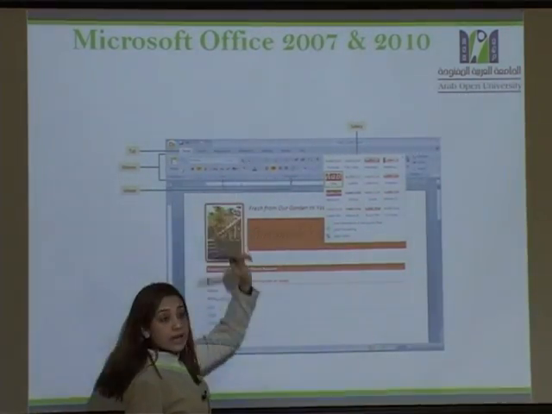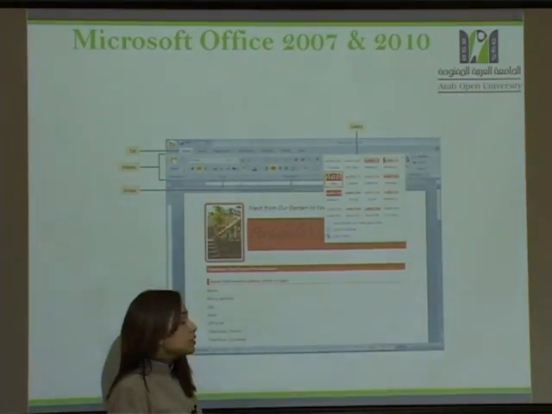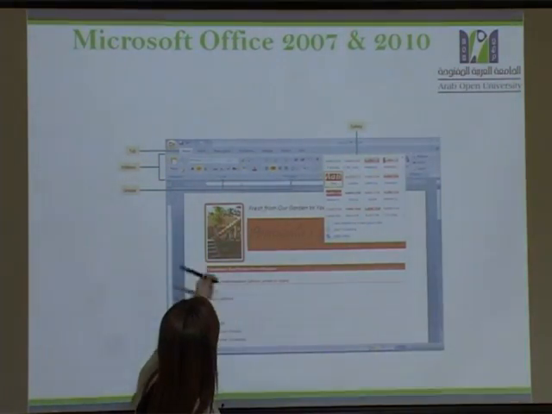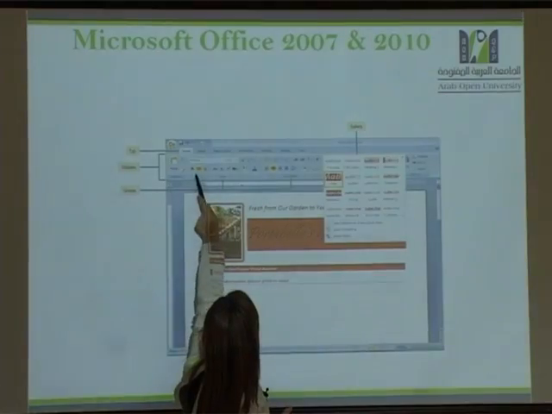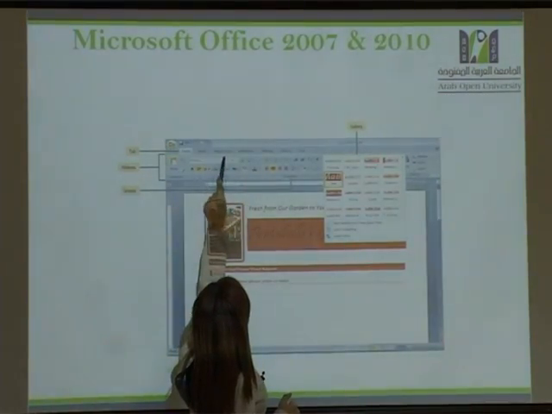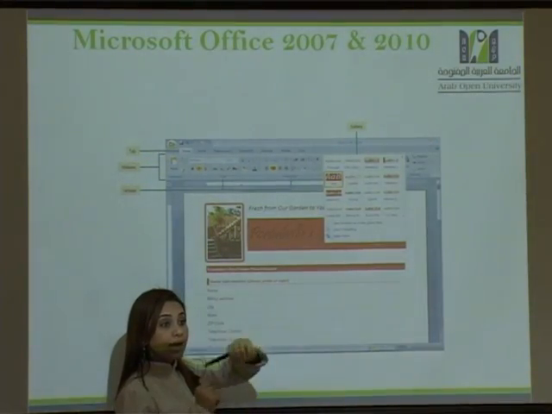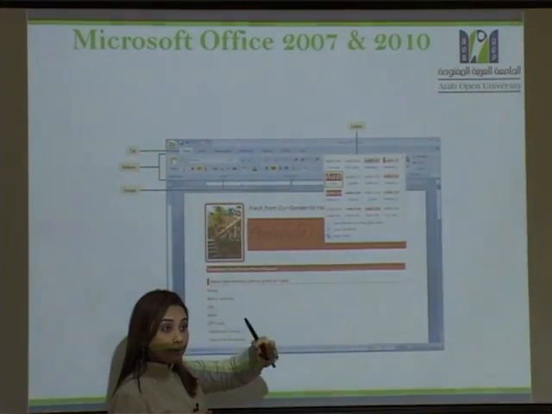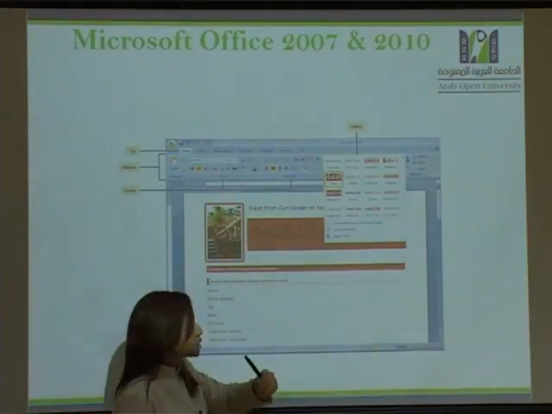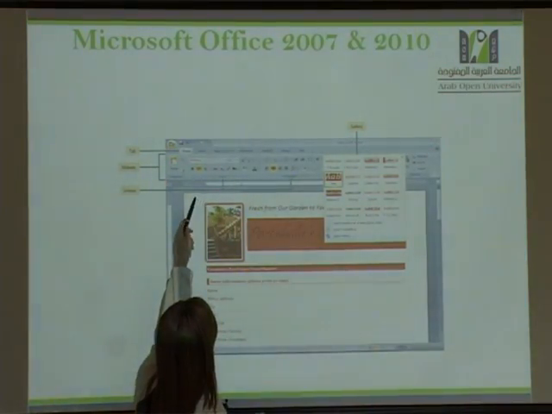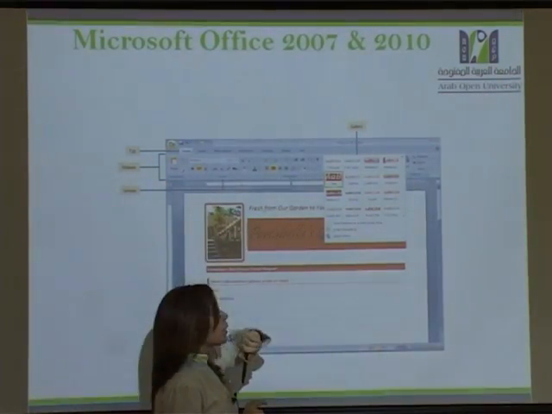It consists of a number of tabs that collect the commonly used commands, and those are what we call groups of the tabs. These groups are sorted or gathered together by their area of interest. So the home tab, for example, holds all the commands for the home.